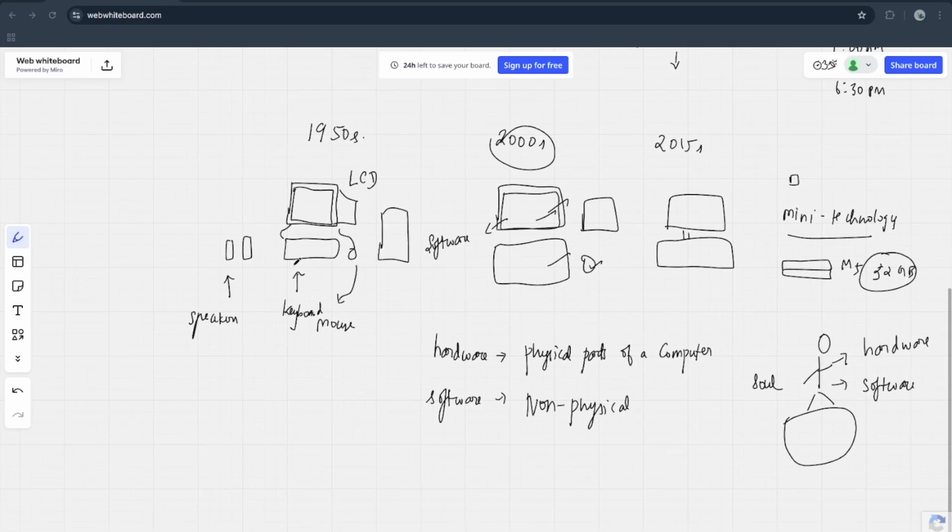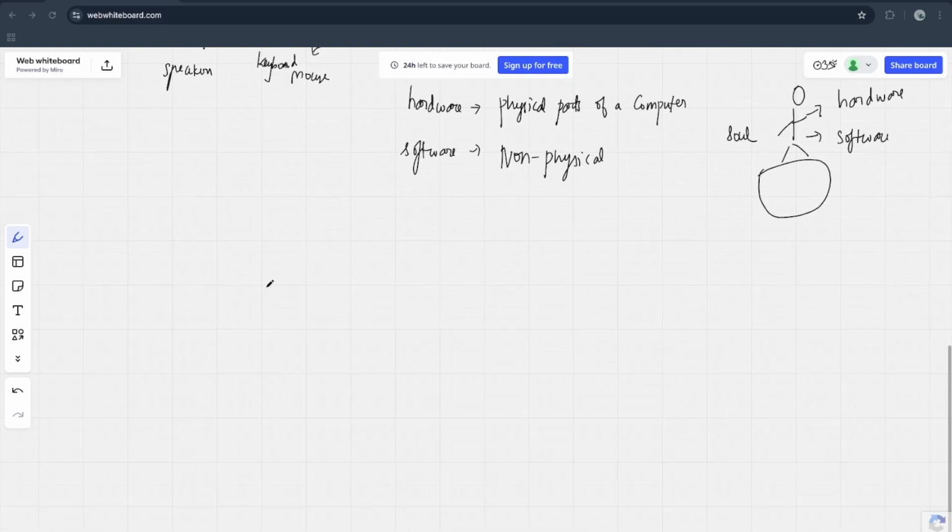So now there are some basic terminologies that we need to understand before moving forward. CPU, RAM and storage. So what is actually the CPU? In human beings, we have a major component, which is the brain.